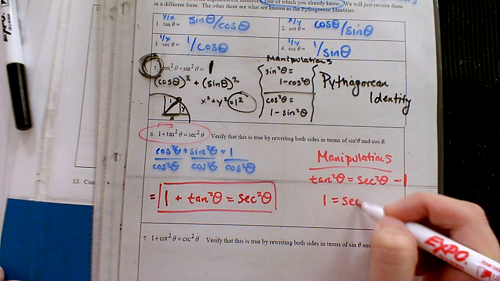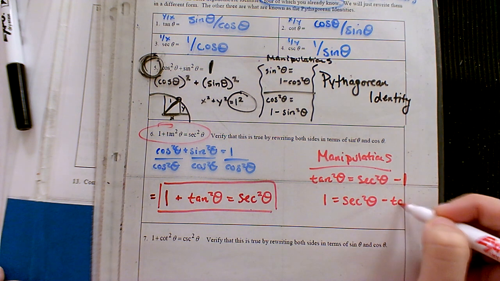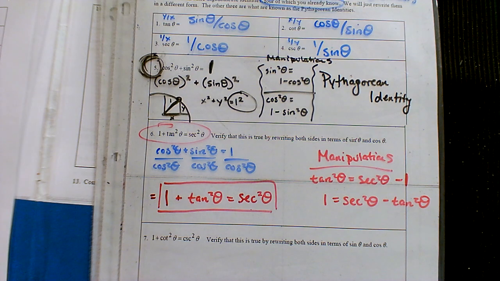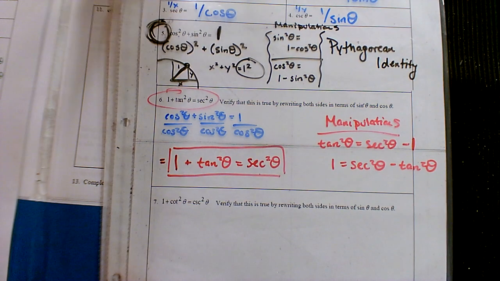We'd have 1 equals secant squared minus tangent squared. Those are other identities, but they're related back to the first one that we started with, which was essentially related to number 5. They're all connected, but they look different. It just depends on what algebraic step we did to get from one to the other, whether we added or subtracted some things, whether we divided some things. It's really creepy because they're all connected somehow. Having that mind-blown moment.